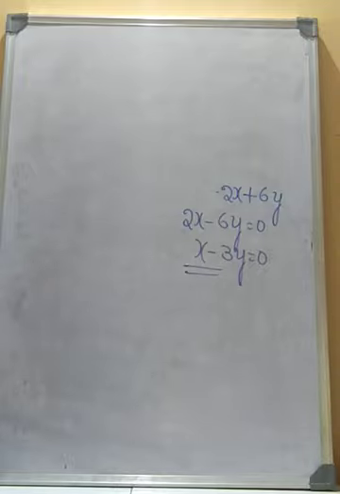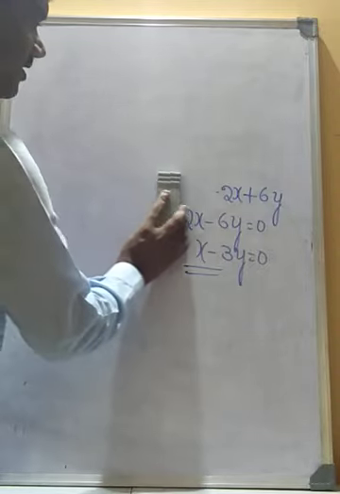The next one more: show that the points are collinear. That is example 7.